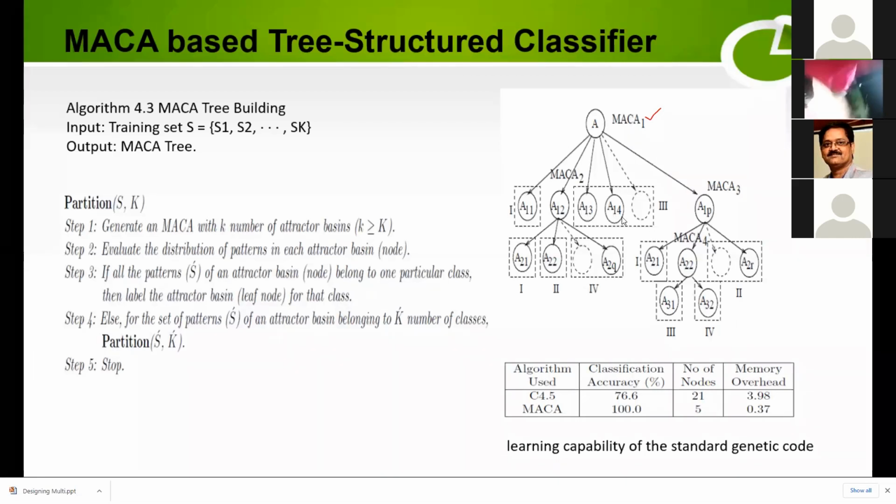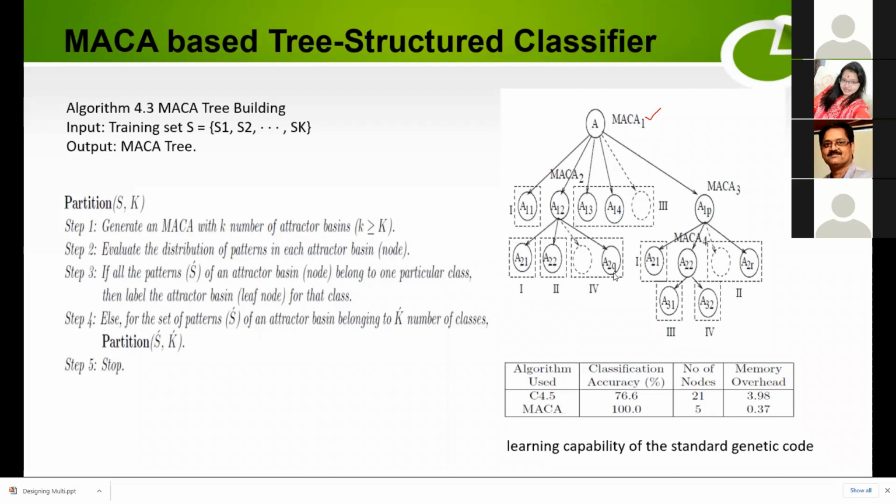Next, attractor 1.3 and attractor 1.4 both identify all the data from class 4, so they are marked as class 4. But attractor 1.2 identifies mixed data, that is, the data are from class 1, class 2 and class 4.